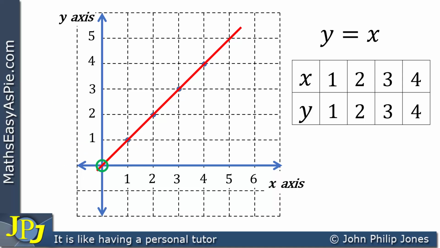You can see it crosses the x-axis and the y-axis at this coordinate position, 0, 0, where x is 0 and where y is 0. And knowing where any plot crosses the x-axis and the y-axis is very important when dealing with graphs, and we'll explain why in later videos in this playlist.